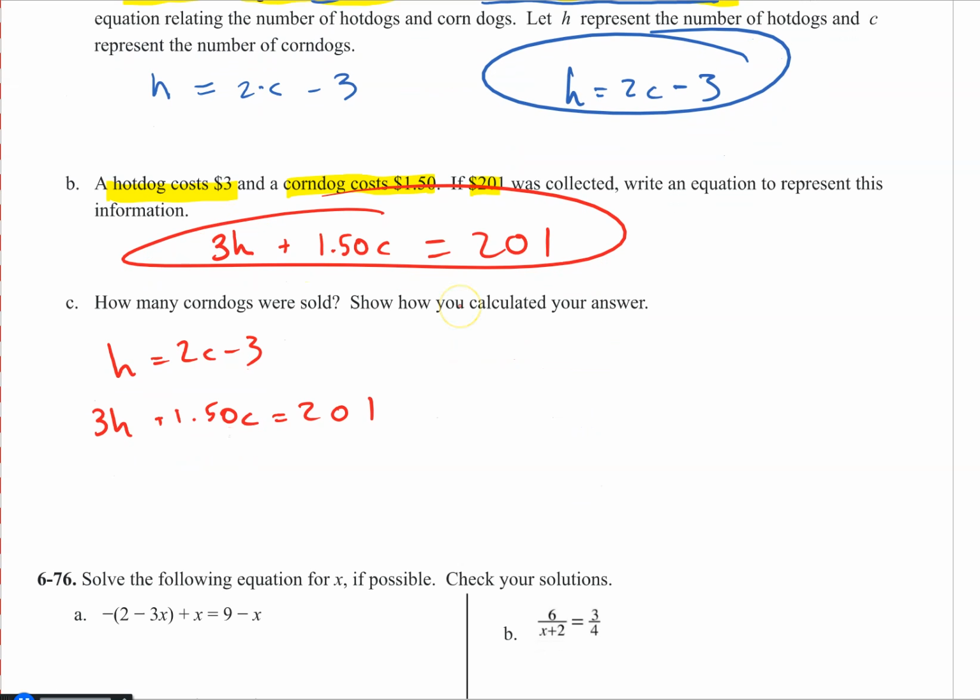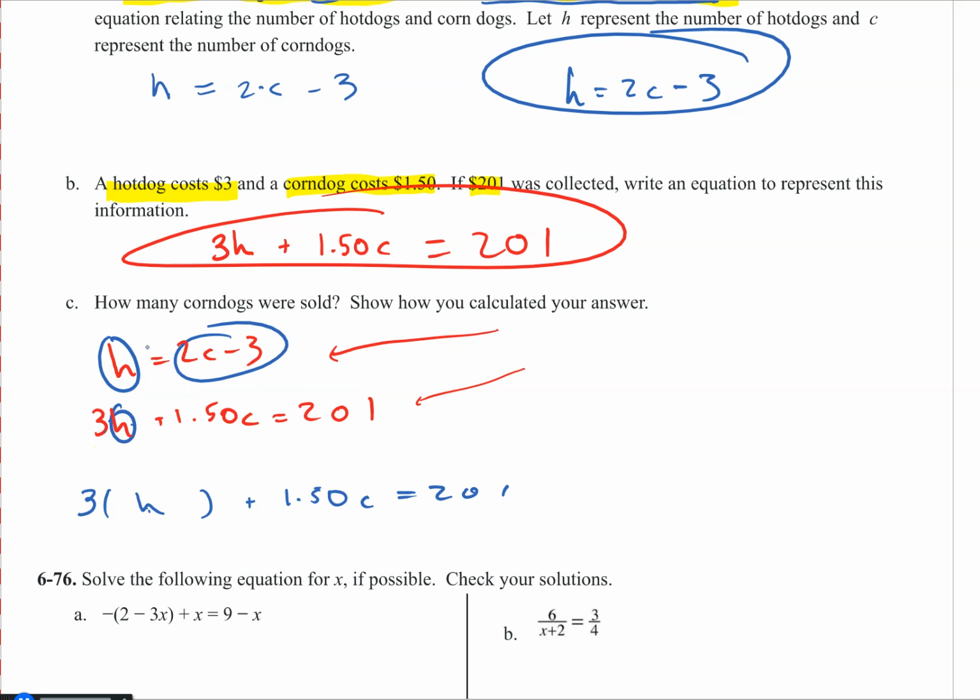Now the key here is to use substitution. One of the equations is solved for H, one of them is not. So what you do is, I've got 3H plus 150C equals 201. This is my second equation. Now instead of writing 3 times H, I can write 3 times whatever H is equal to.